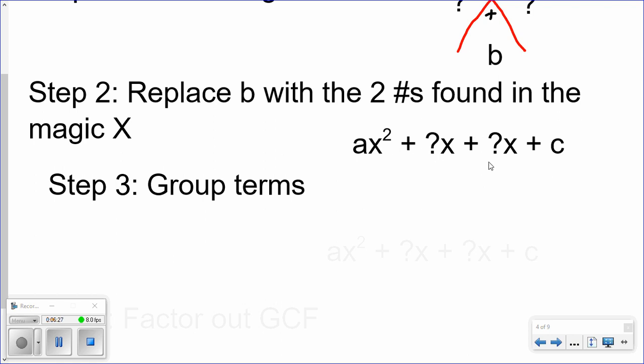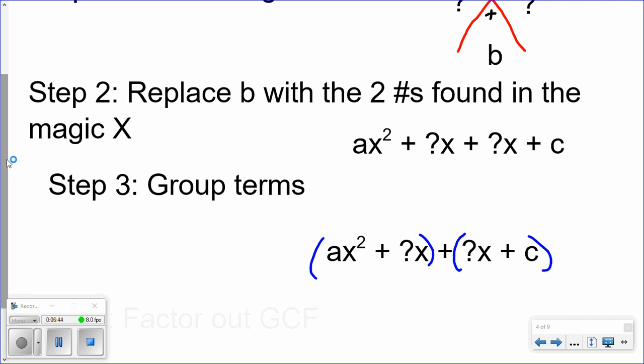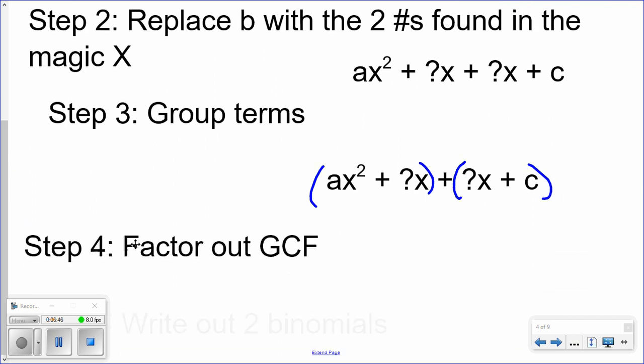So then we go ahead and group the terms. We're going to group them into two binomials, so it'll look like this. Sorry, all my parentheses. So then we have a binomial plus a binomial, and we factor out our GCF, whatever they have in common.